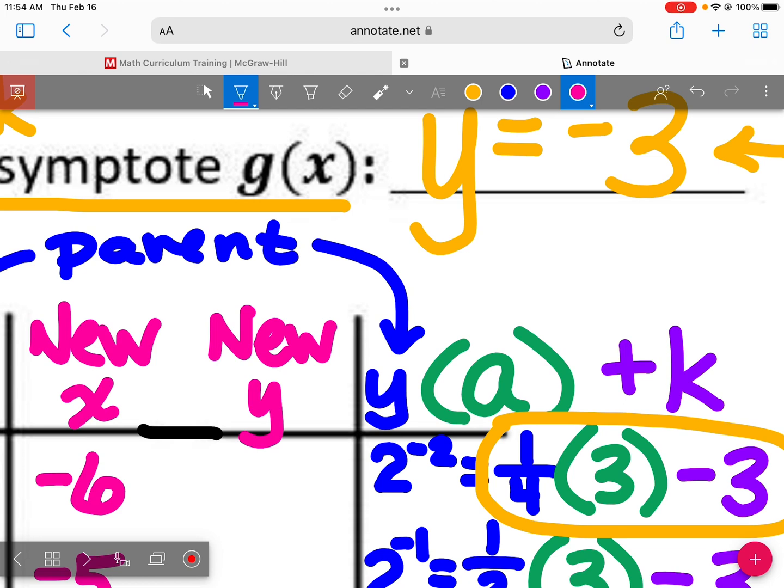You're going to push those arrows that point to the left and to the right. Now hit those arrows. There you go. What do you guys get when you put this first one in the calculator? 1/4, then parentheses 3, and then minus 3. Negative 2.25.